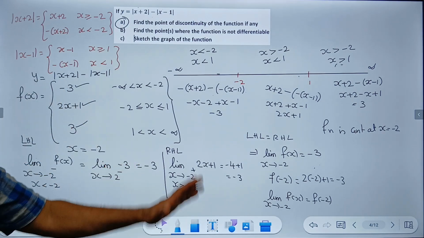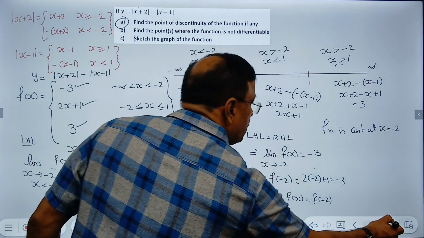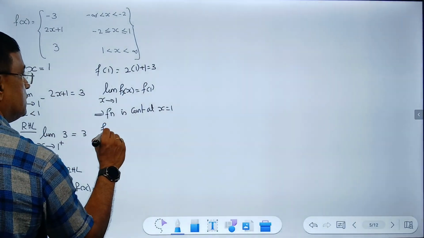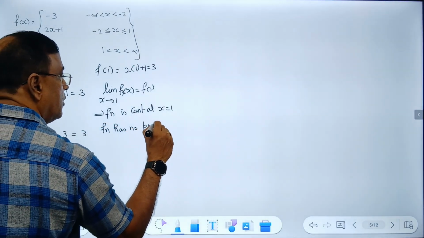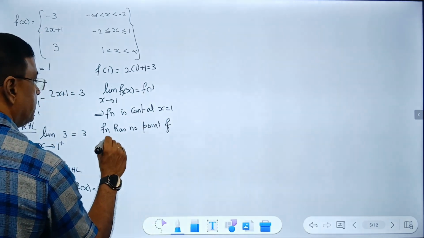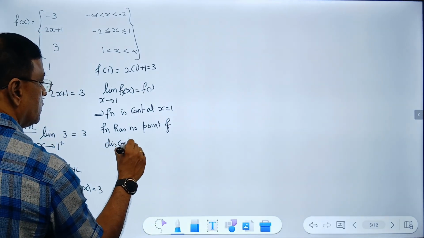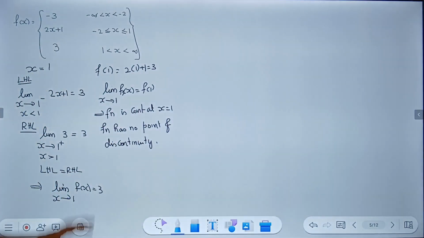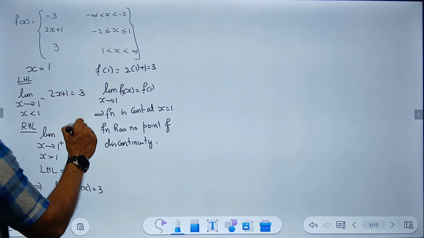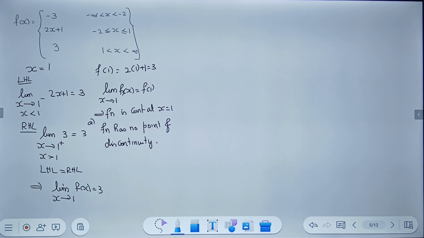Everywhere else it is already continuous. Therefore, you can say the function has no point of discontinuity. This is my first part of the question. This is my A.